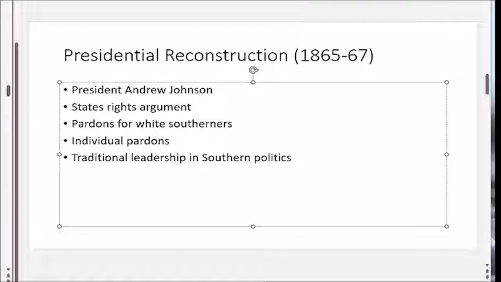There wasn't a big, blanket pardon like he had done for all white Southerners, where if you were white, if you were a Southerner, you got pardoned. You had no punishment, basically, is what I'm saying. But the former Confederate leaders were given individual pardons, right? So each individual is given a pardon on an individual basis.